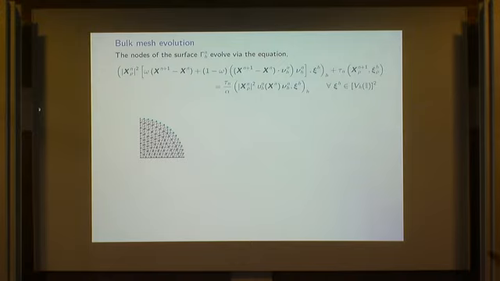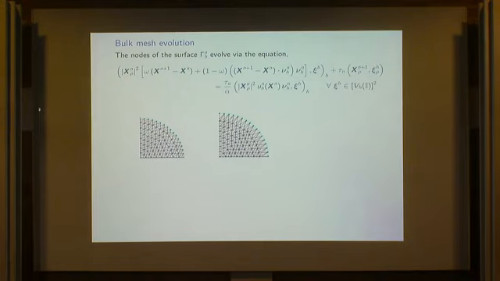Here our boundary is in blue, we've got the nodes on the boundary, and they are moved via the solution of this PDE to give us, for example, this. Because we're only moving the nodes on the boundary with the solution of this curve shortening flow, all the interior nodes are staying where they are, and so we're going to get a very unpleasant mesh.